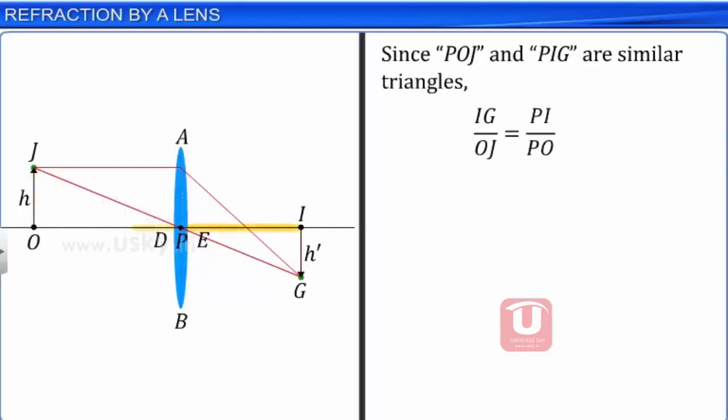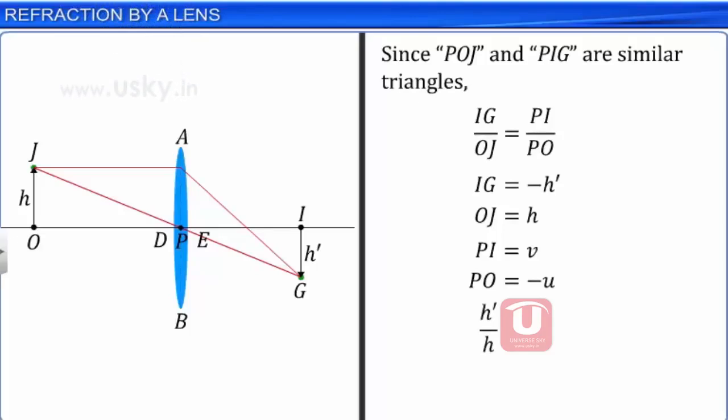But IG is equal to minus h dash, OJ is equal to h, PI is equal to V, and PO is equal to minus U. On substituting these values in the above equation, we get h dash by h is equal to V by U. But linear magnification m is equal to h dash by h. Therefore, in case of a thin lens, the linear magnification m is equal to V by U.